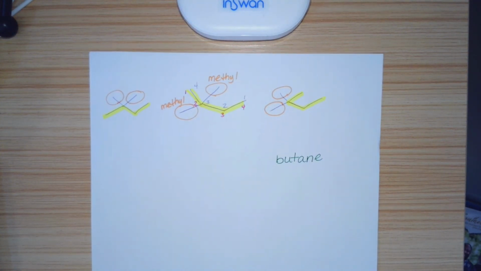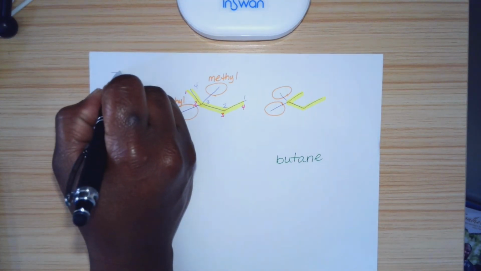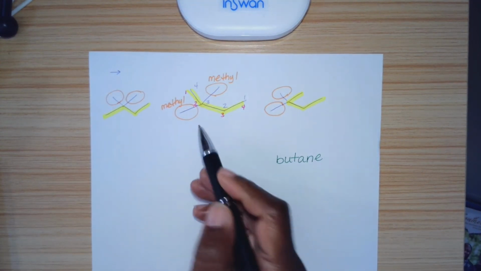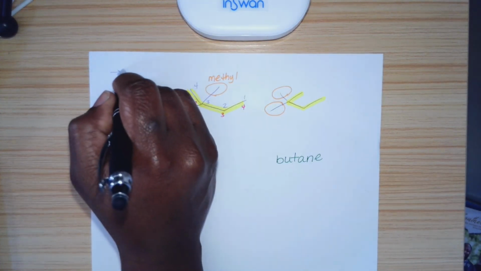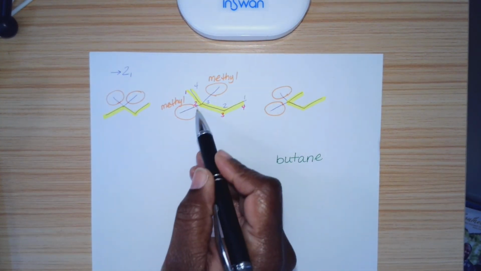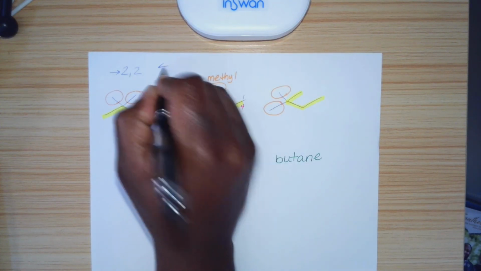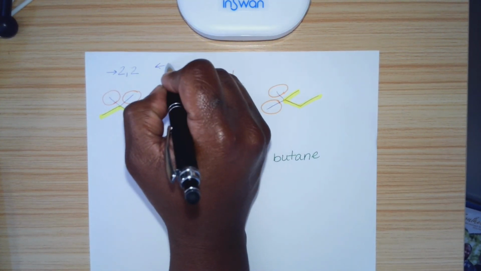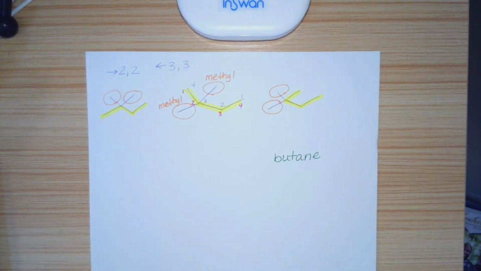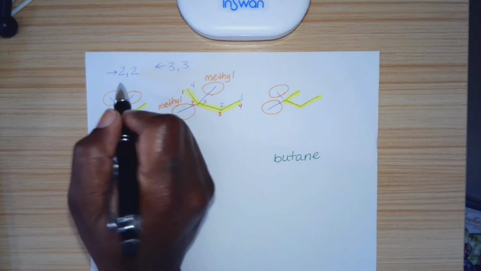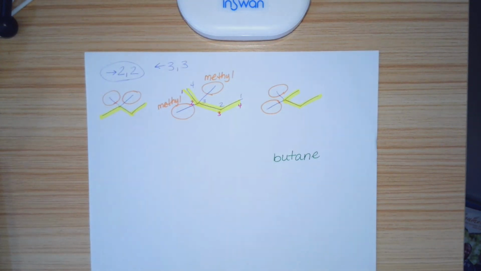So based on this, if we were to number from left to right, we have a methyl group on carbon 2. We have a second methyl group on carbon 2. If we were to number from right to left, we have a methyl group on carbon 3. We have a second methyl group on carbon 3. So of course we want the lower numbers for our substituents, so we're going to number from left to right.